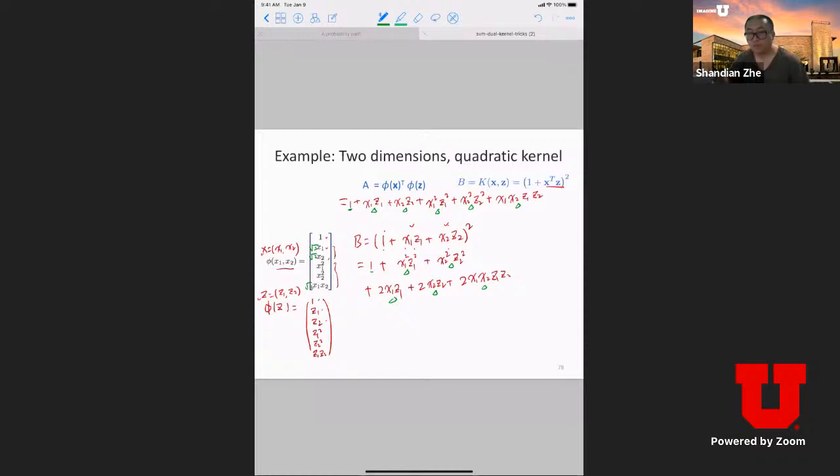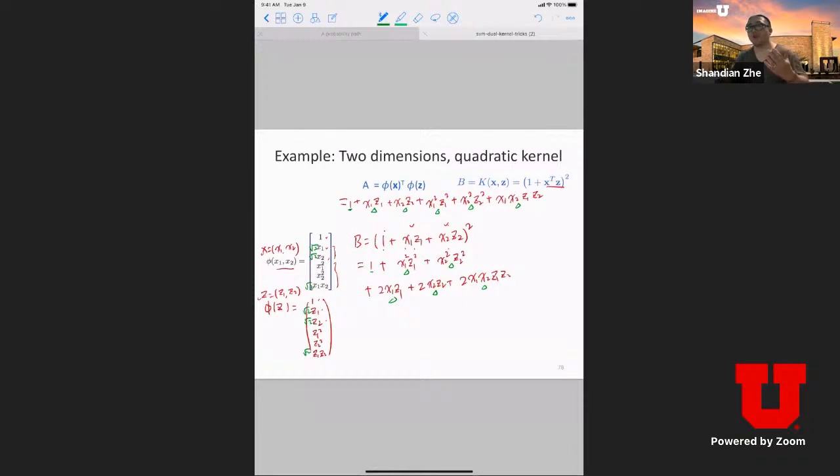So your mapped feature vector for Z will also have square root 2 here, here, and here. And now if we calculate A again, it will have an exact match even in the coefficients. That's why we say the coefficients don't really matter.